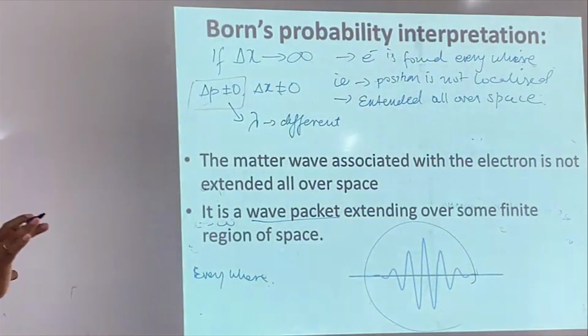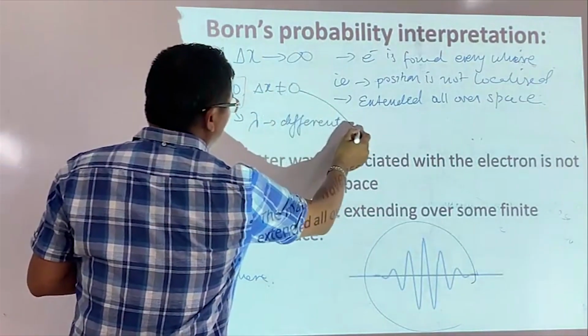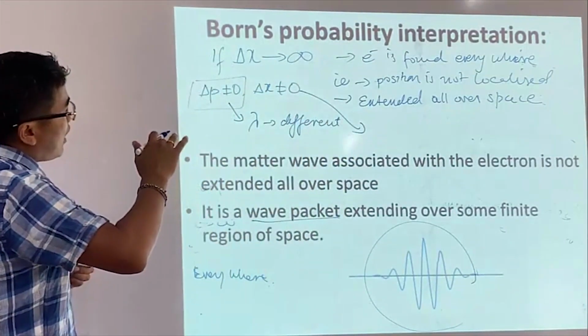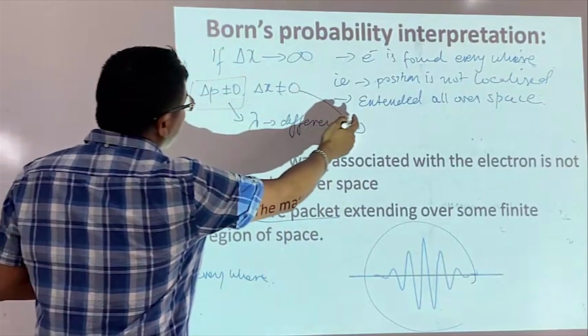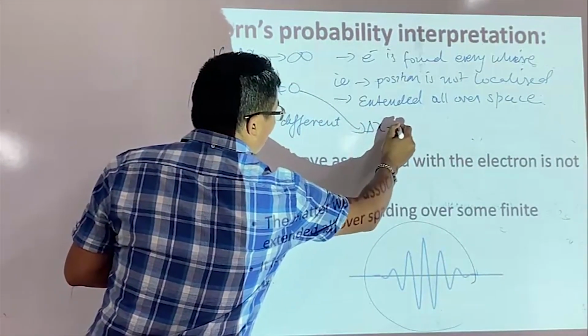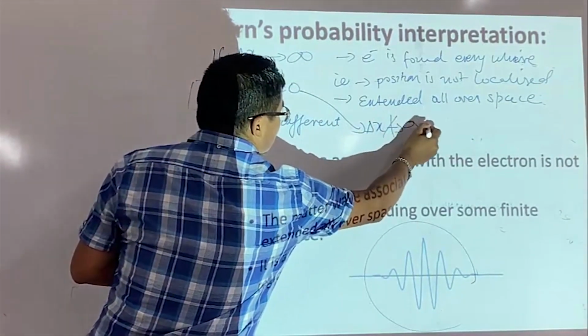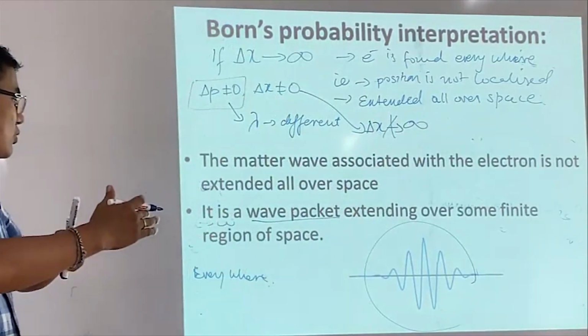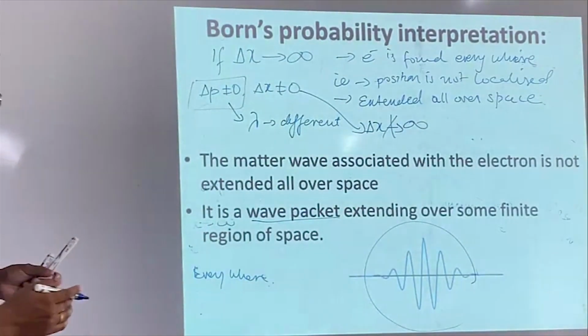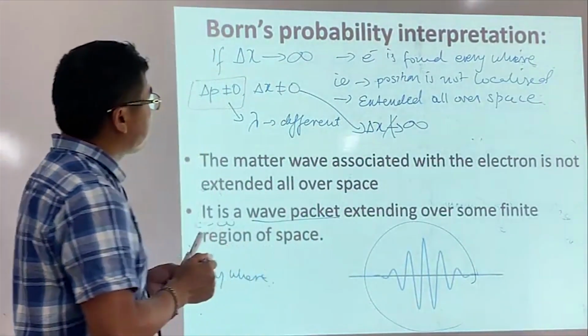And if delta x is not equal to 0 and does not tend to infinity, then it is extended over a certain region. So this is what we call a wave packet.